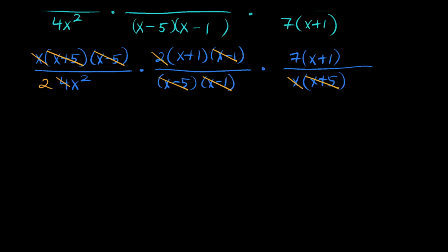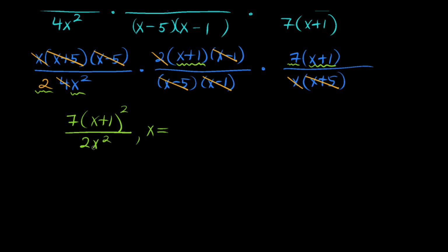So I'm just going to underline everything that's left over. We have that, that, that, and then down here we have the 2 and the x squared. So what we have is x plus 1 times 7 times x plus 1, which is 7 times x plus 1 squared, over 2x squared.